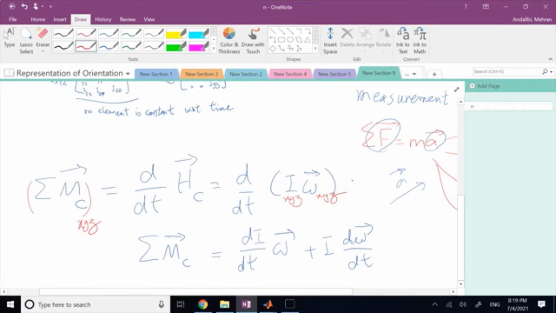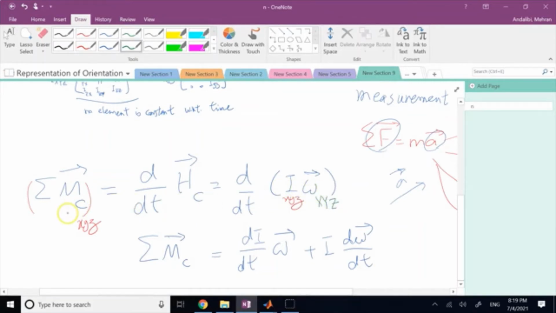So you cannot, for example, say, I want to write my I and M about small xyz, but I want to write my omega about cap XYZ. You cannot do that.